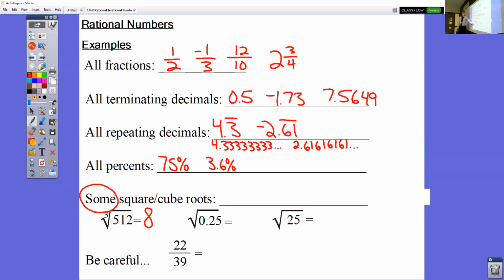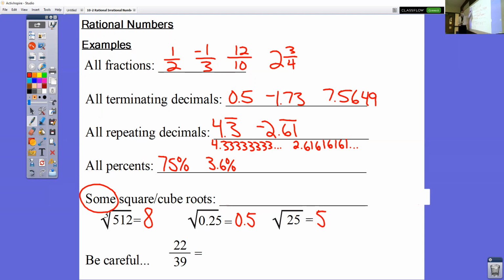Any whole number or any integer, automatically rational. The square root of 0.25, when you type that into the calculator, you get an answer of 0.5. 0.5 is rational. The square root of 25, when you type that into the calculator, you get an integer or a whole number of 5. 5 is a rational number.